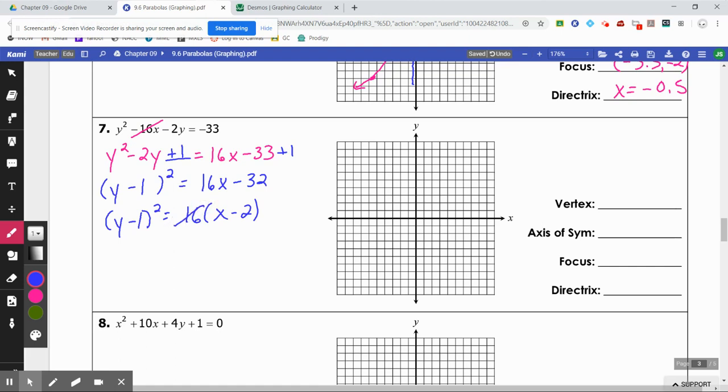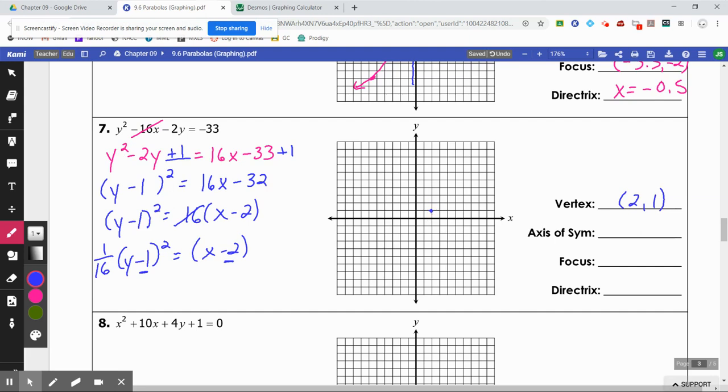So we're going to move that over by doing 1/16 y minus 1 squared equals, and I'm going to leave that x minus 2 over here, and I'll even put it in parentheses because that shows you your transformation. This is right 2, up 1. So your vertex is going to be at 2, 1.